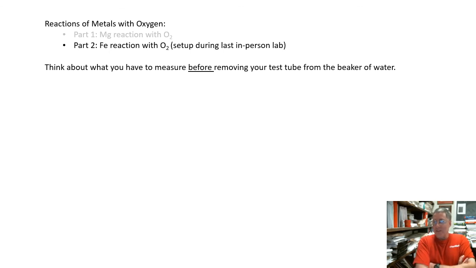And from that, you should be able to measure and figure out the percent of oxygen in air, percent by volume. And so just make sure you read through that and think about what you have to measure before you pull the test tube out of the beaker of water.